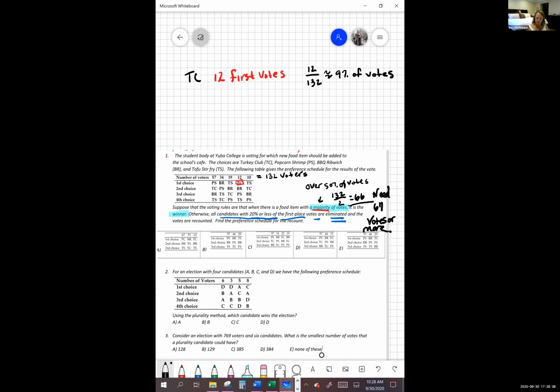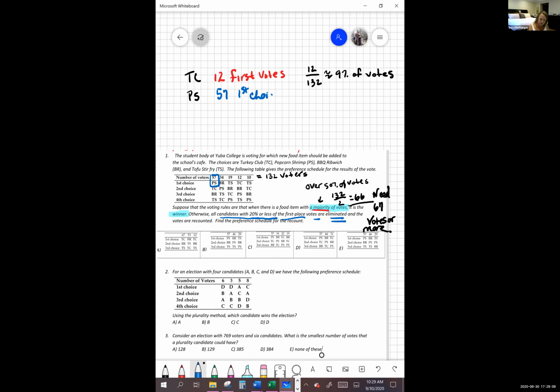So the next choice in the list was popcorn shrimp. We want to look at how many people put popcorn shrimp as their first choice. If we look at the first choice, the only one that has popcorn shrimp is that first column, and notice that was 57 people. So 57 have this as their first choice.